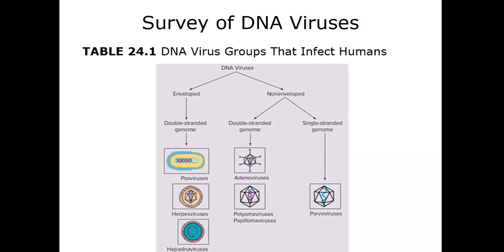Herpetic whitlow is common to folks in the healthcare profession and is often called a herpes infection of the fingers. We'll also talk about the varicella zoster virus, which fits into this herpes virus family. This is the one that results in chickenpox or shingles.